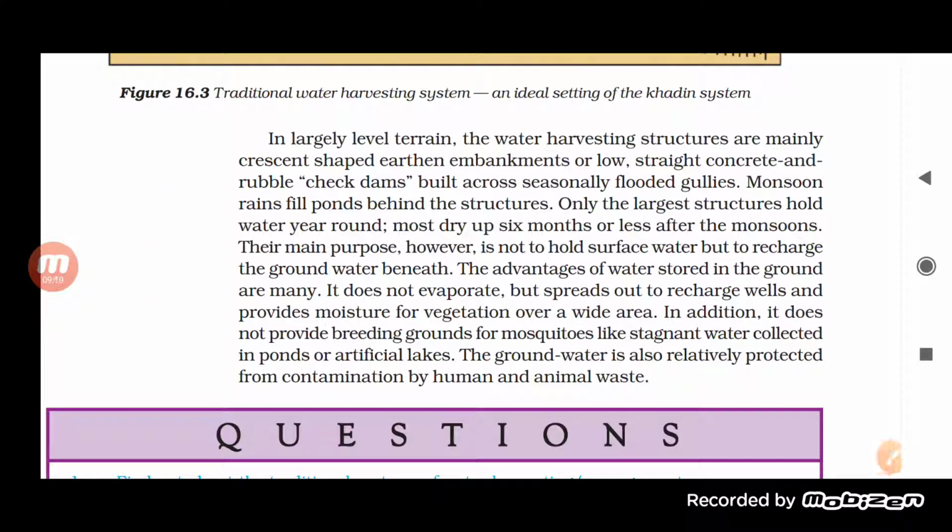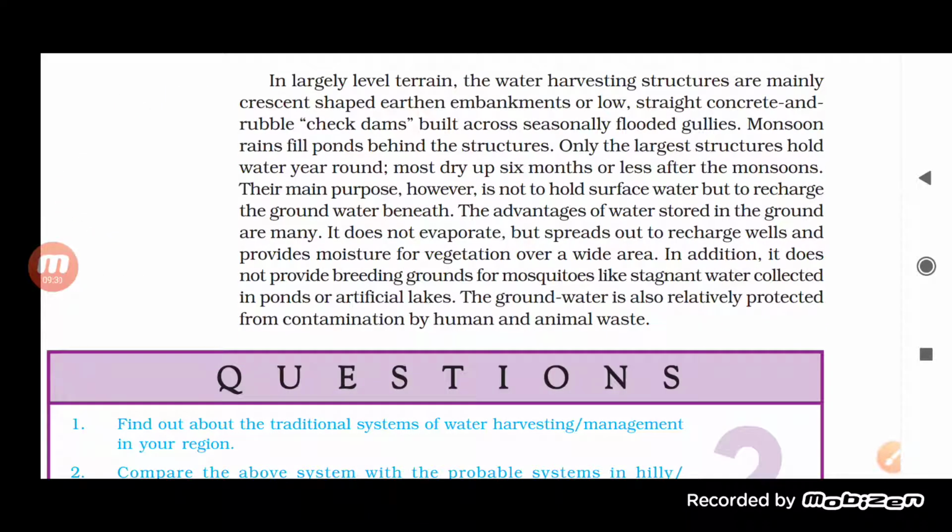Now see here, in largely level terrain, the water harvesting structures are mainly crescent-shaped earthen embankments or low straight concrete and rubble check dams built across seasonally flooded gullies. These are largely water harvesting structures, which are basically made in order to conserve water, in order to hold water.